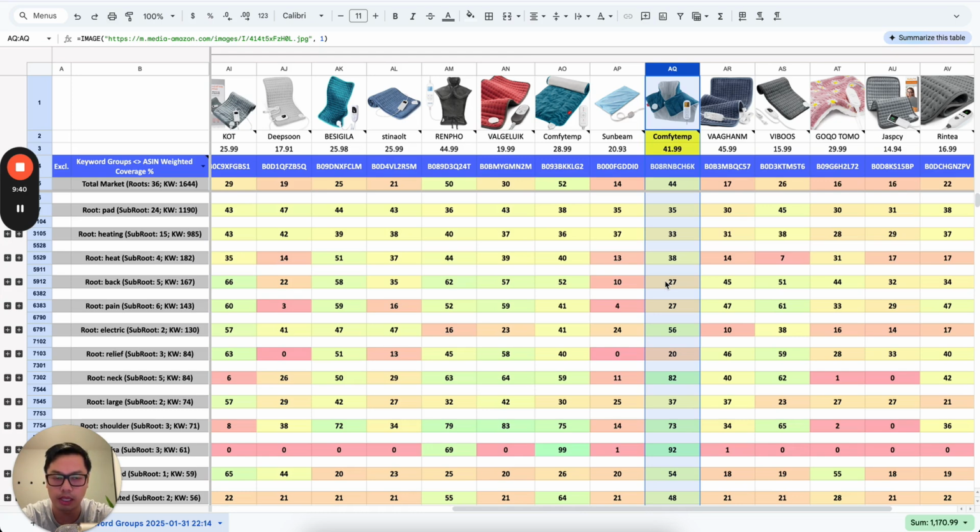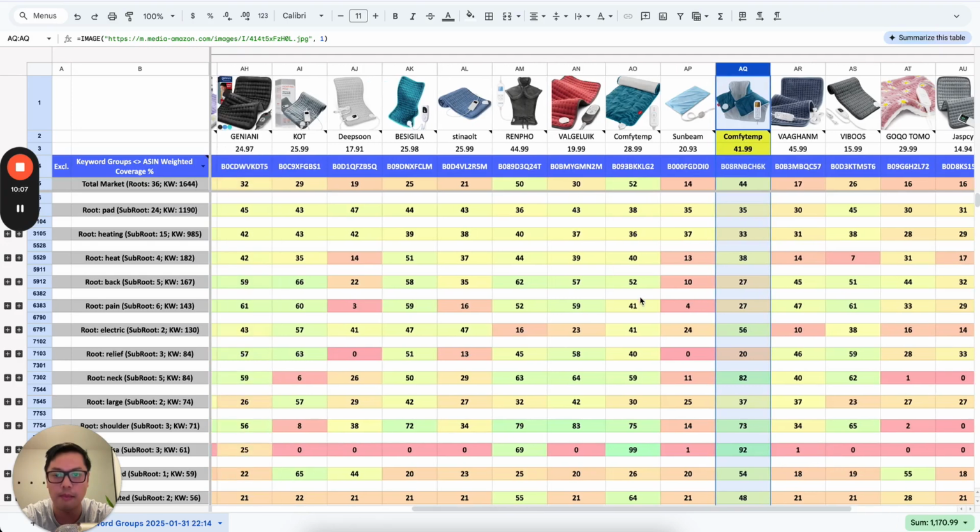If I'm losing, what are the subroots where I'm losing them to, and so on, and try to find my strengths, try to find my weaknesses, and then see if there's any gaps that if this was my brand or my ASIN, what could I actually do here in order to take over more market share or reduce my wasted ad spend by maybe spending less money on the PPC side of things, where I might have been blind otherwise because I just didn't know.